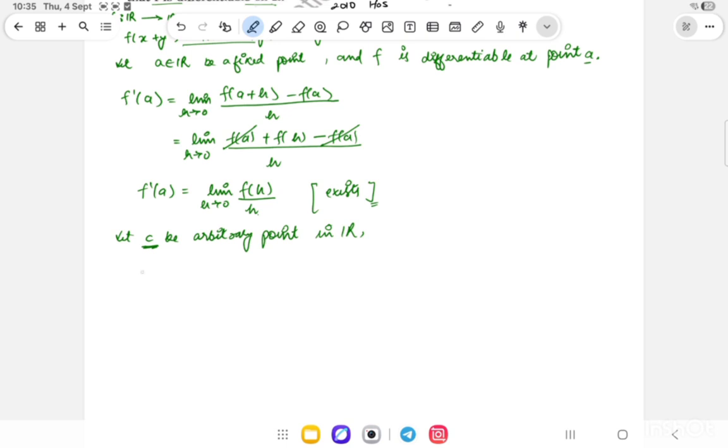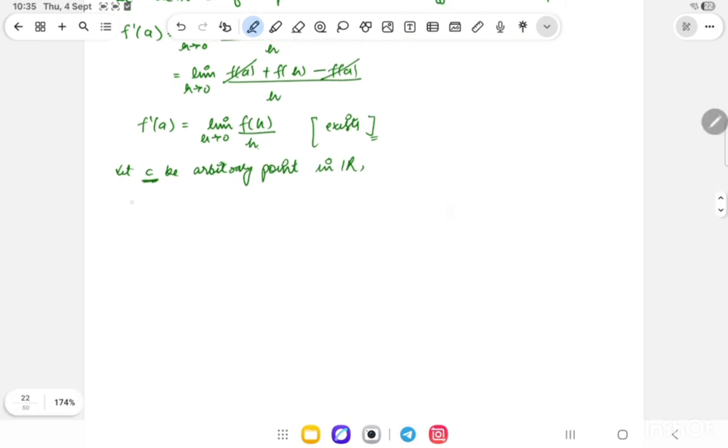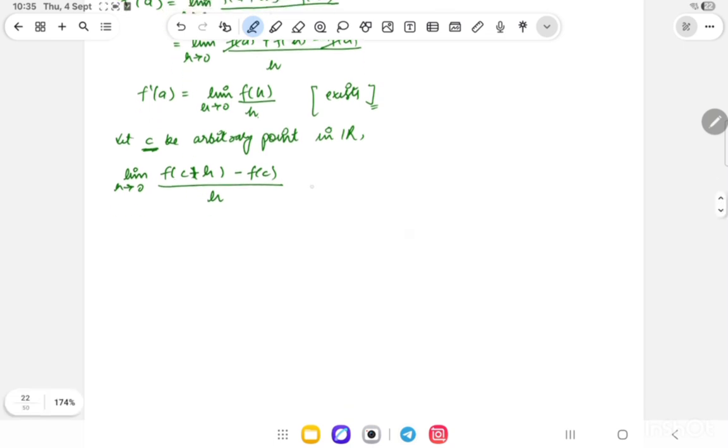So let's check differentiability of function f at c. Limit h approaches 0 of f(c plus h) minus f(c) upon h. If this limit exists, then I can say that my function will be differentiable at c.